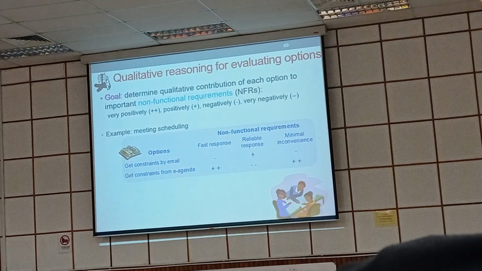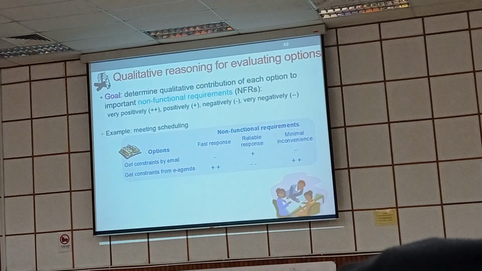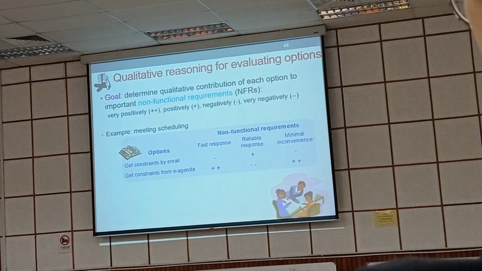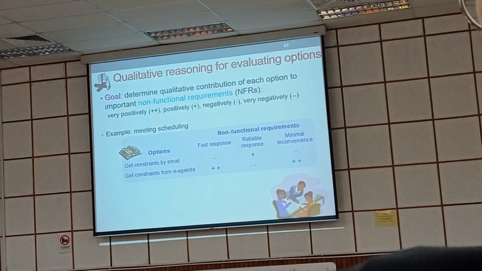Now tell me, which one is chosen? Which one will be implemented? Anyone? Which one is chosen now? E-agenda, very good. Okay, now how I check my assignment report of my students.